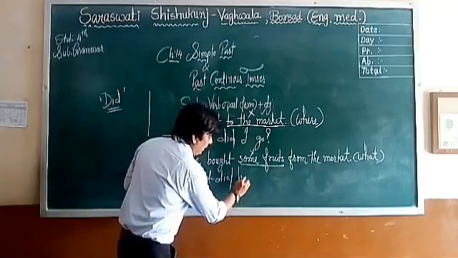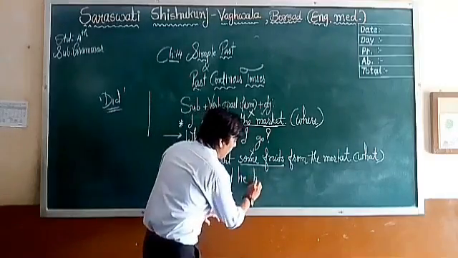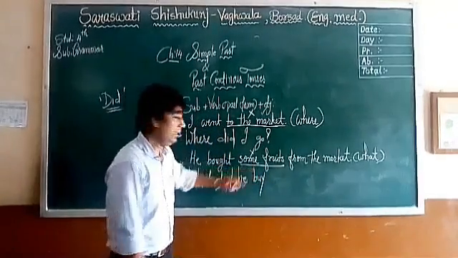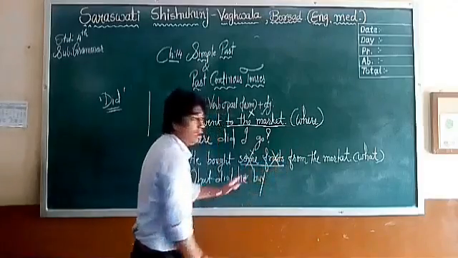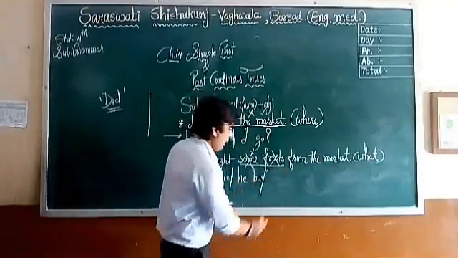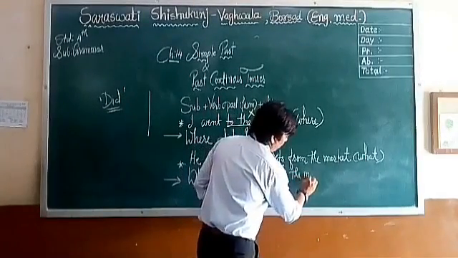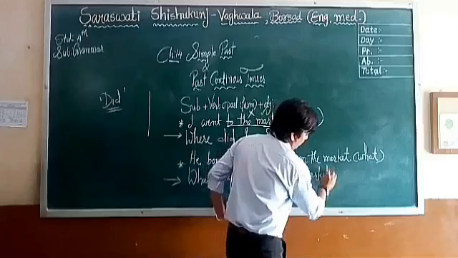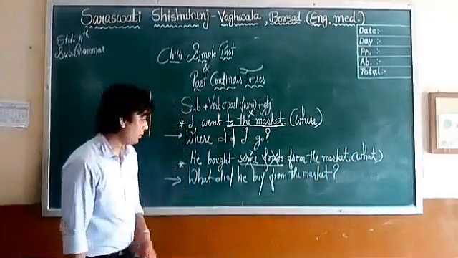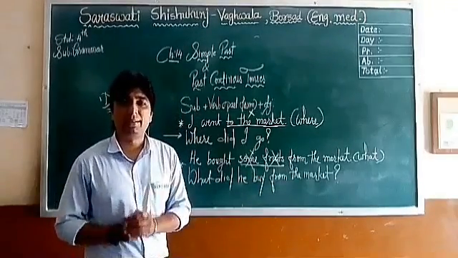What did he? Present form of bought? Buy. What did he buy? Now as I told you, some fruits will not be there. So what is there? From the market. What did he buy from the market? Question mark.